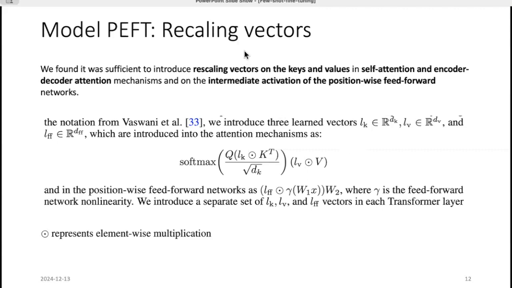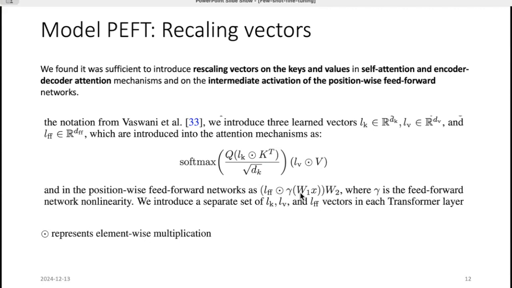Then they make some changes to the architecture, on how to efficiently fine-tune the LLM with just tens of examples. Their idea is to reintroduce the rescaling vectors on the keys and values, as I introduced in the diagram shown earlier. They also apply it to the intermediate activations of the feed-forward network. So they apply scaling vectors to the keys and scaling vectors to the values, and the self-attention mechanism is still the same.